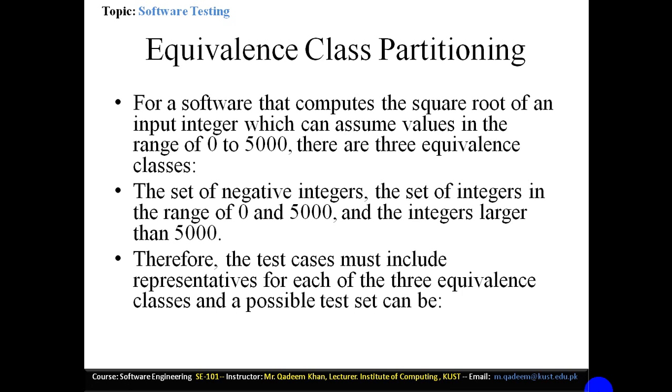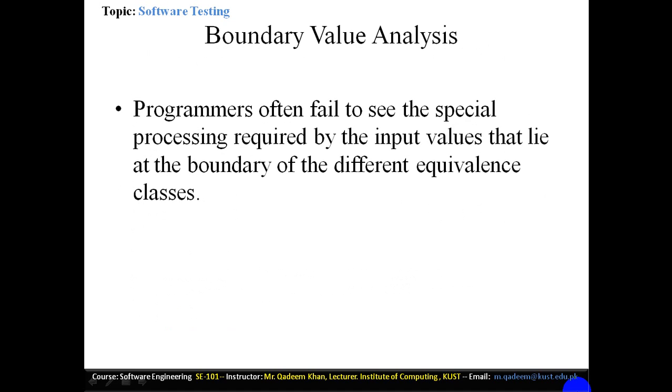One possible test is -5, which is less than this range, 500, which is within the range, and 6000, which is above 5000. For -5 and 6000, the system will raise a message that this is out of range, but 500 is within the range. So this is a good example of equivalence class partitioning.